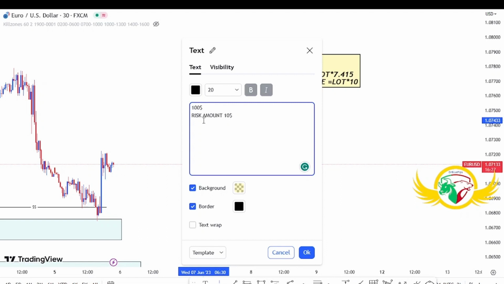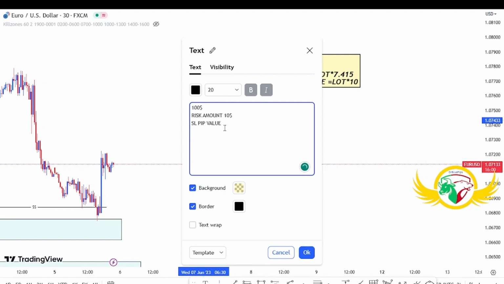The second thing you have to ask yourself is, what is my stop loss pip value?